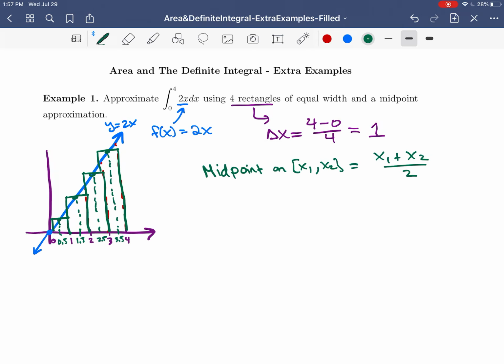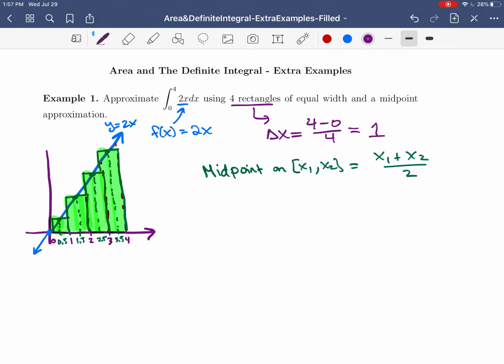Now here, because we have some over parts and some under parts, it's hard to say whether this is an over approximation or under approximation. I'm just filling in my rectangles here. But it turns out that we're going to get the exact answer here, which we can find out. But that's how you would find the midpoint if you had to. Here we just know what they are.